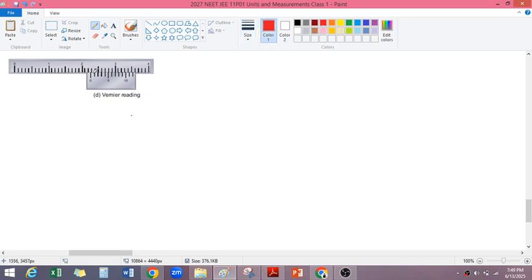So here if you see, this is 2 centimeter and then this is 2.1, 2.2. So that means it's somewhere here. So the main scale reading will be 2.2 centimeter. And then look at this. You have to find out where the line is perfectly becoming a straight line.